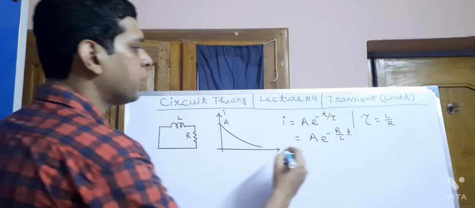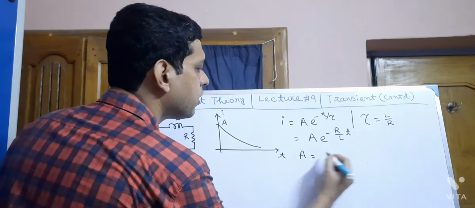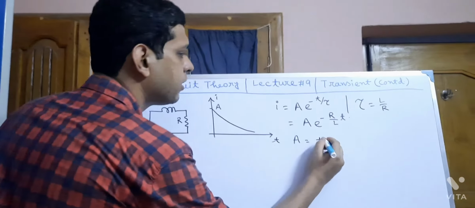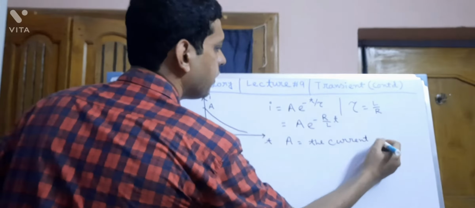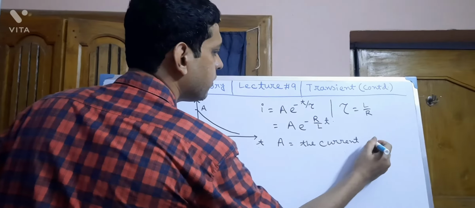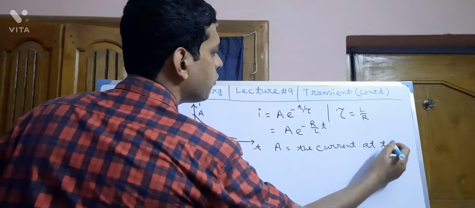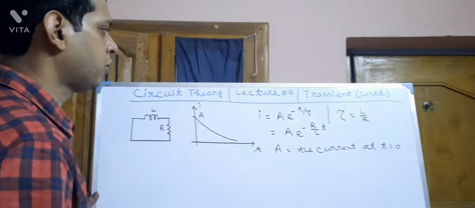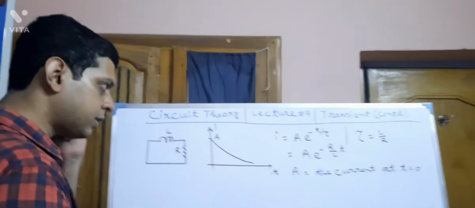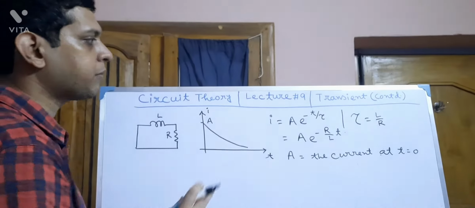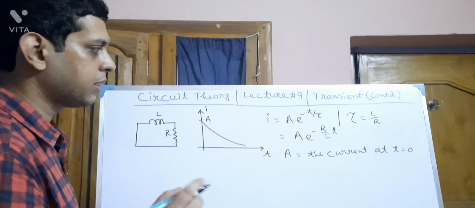Now A equal to the current at t equal to 0. This will serve two purposes.